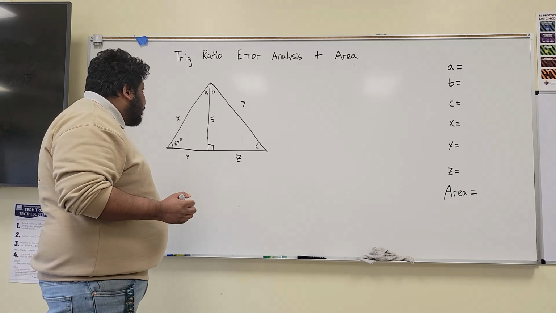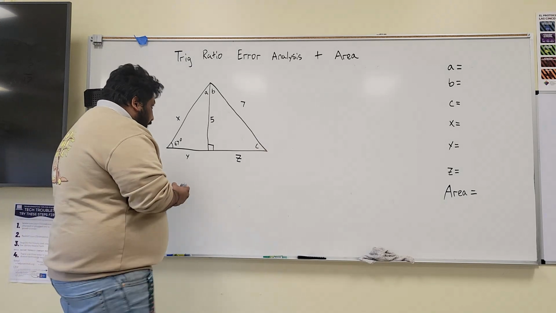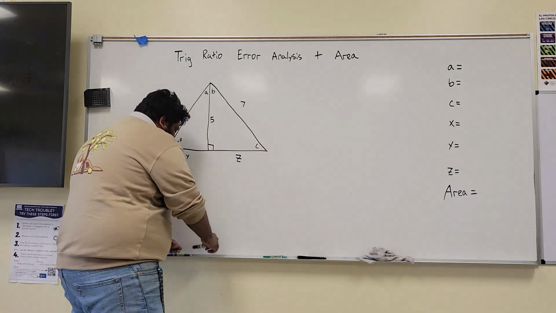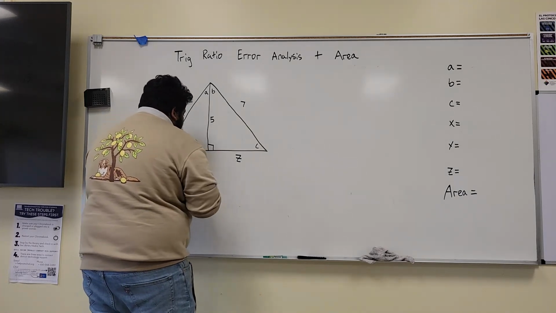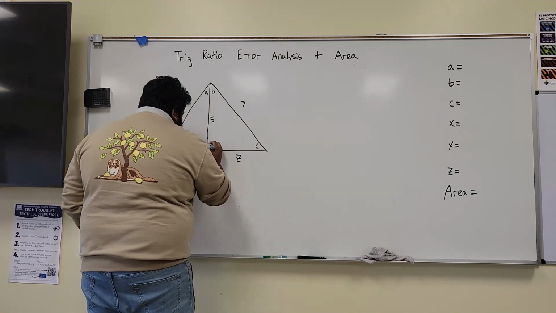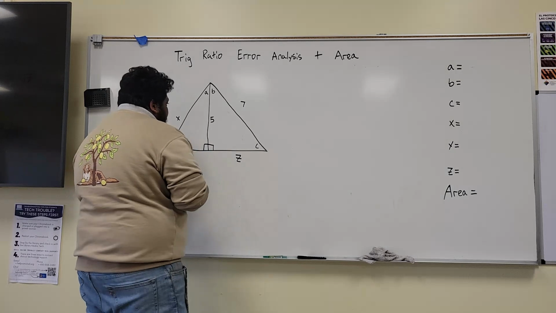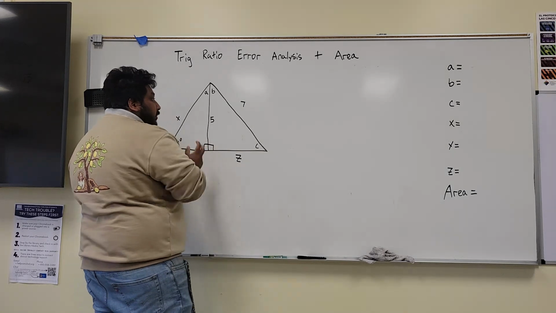So to start, I'm actually going to solve for A over here, because we can use triangle angle sum. We got 2 right triangles over here.